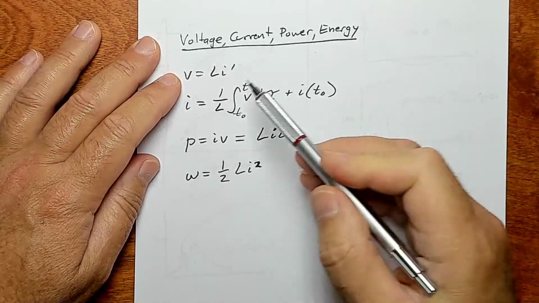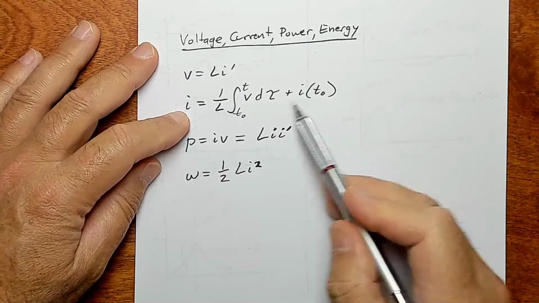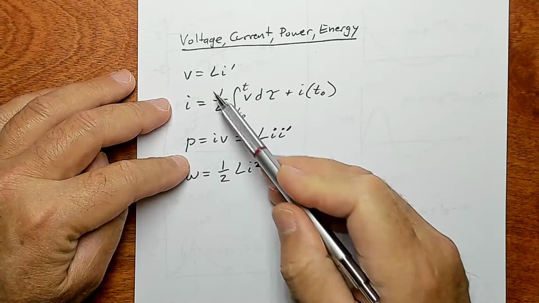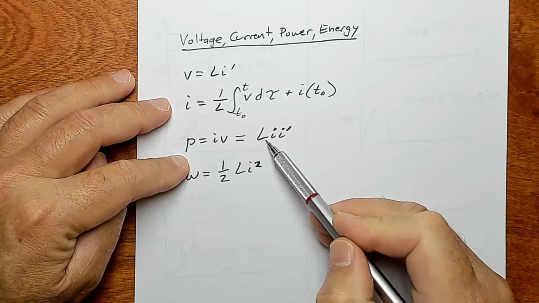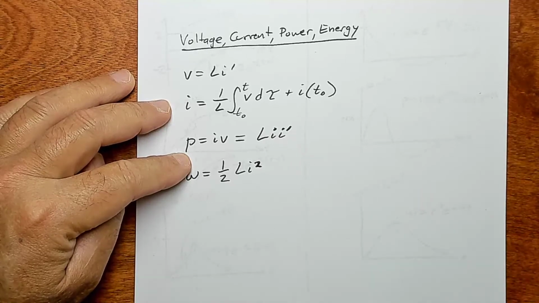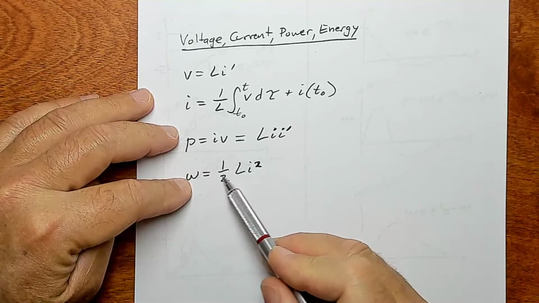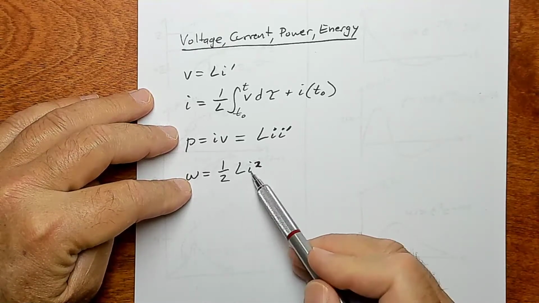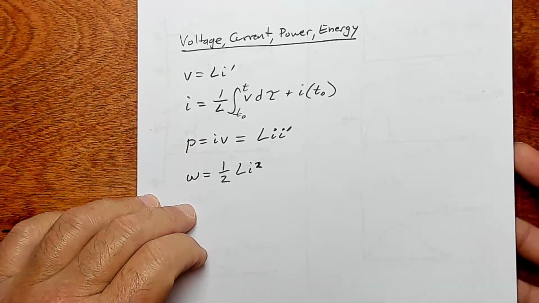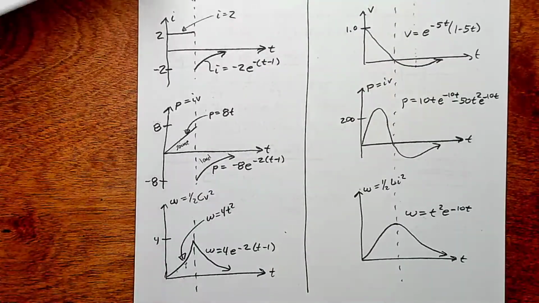Then we do some calculus, and the inverse of this equation is this equation here, which relates current to voltage. Then we have P equals IV, and with a substitution we can get power equals L i i prime. And then presented without evidence is this equation for energy, W equals 1/2 L i squared. The derivation's in the text and other places.